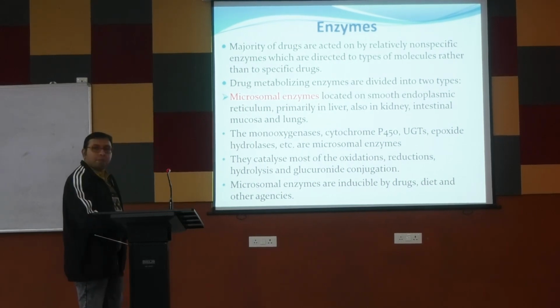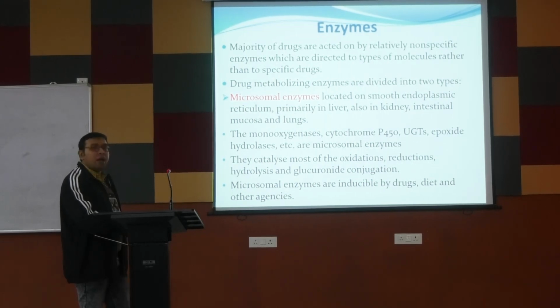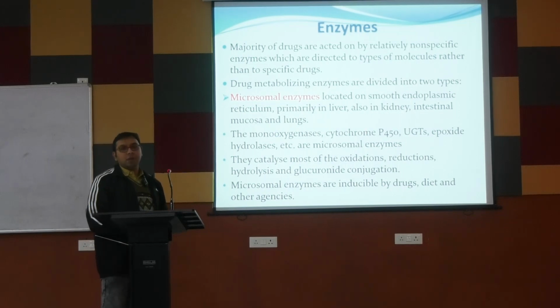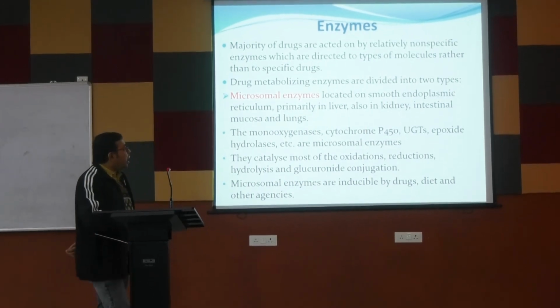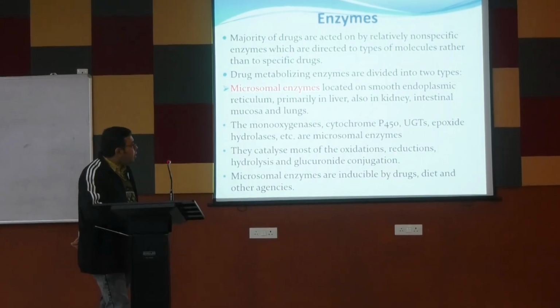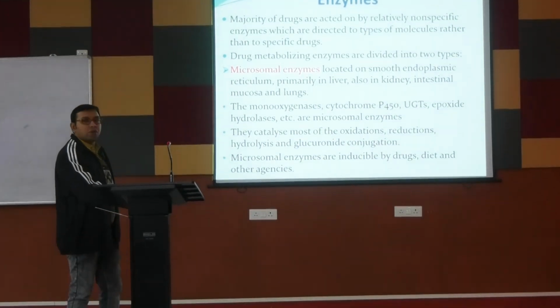Apart from cytochrome P450, there are some monooxygenases like flavin monooxygenase, already we have seen. UGTs, where glucuronide conjugation occurs, epoxide hydrolysis, etc. These are all microsomal enzymes. They catalyze most of the oxidation, reduction, hydrolysis and glucuronide conjugation.